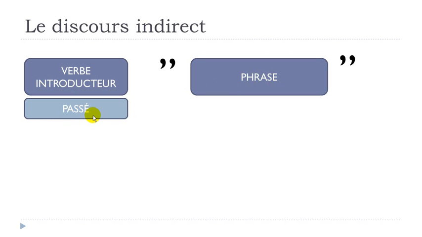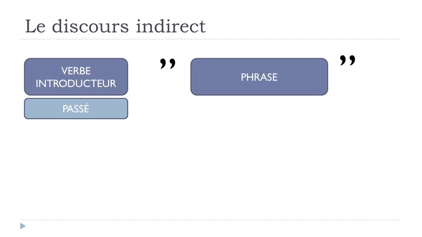Passé means past, and when I write past, basically it could be imparfait, passé composé, passé simple, all the past tenses that we saw so far. Well, if this first verb is at the past, then the rest of the structure will have to be modified if you want to put that at the discours indirect. And that's what we'll see in this video.